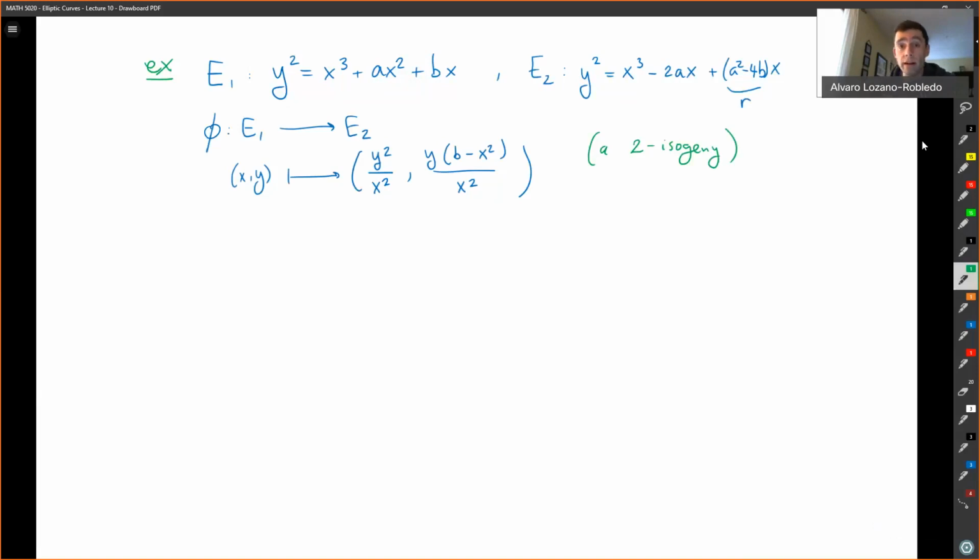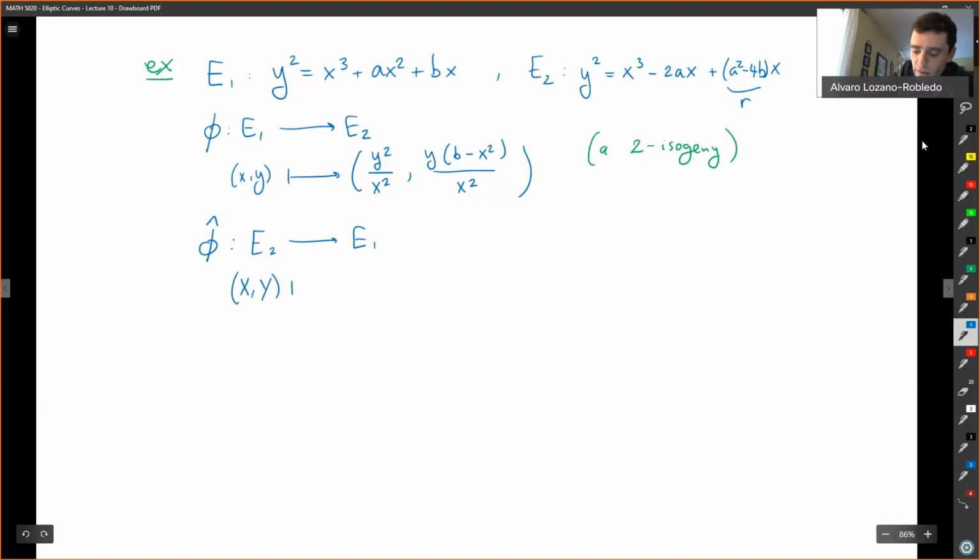It turns out that this one has a map in the other direction. There is a map that we're going to call phi hat from E2 to E1 such that (x, y) maps to (y squared over 4x squared, comma, y times (r minus x squared) over 8x squared).